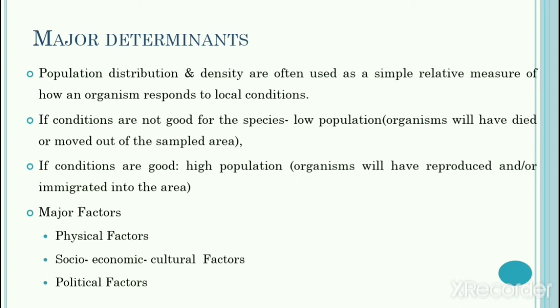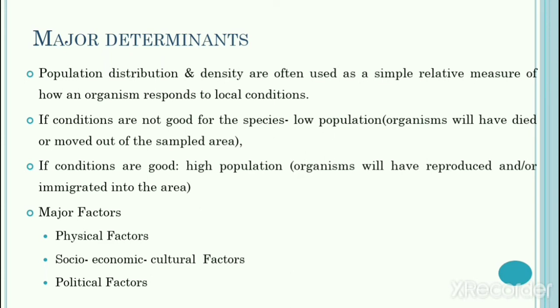Now let's look into the major determining factors that decide the population growth and density of various regions. Population distribution and density are often used as a simple relative measure of how an organism responds to a local condition.